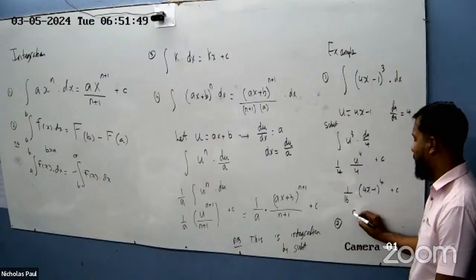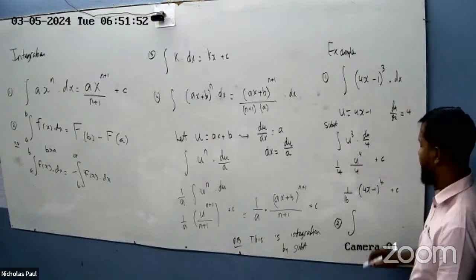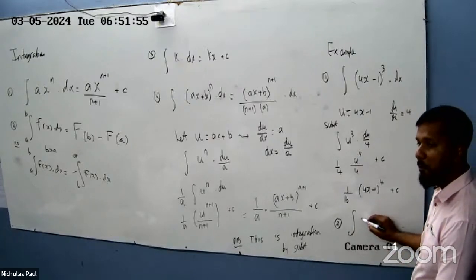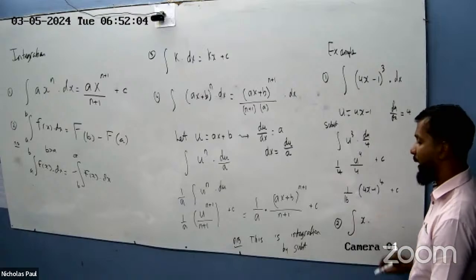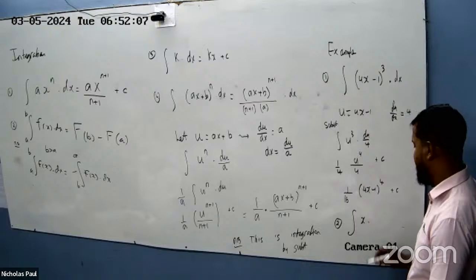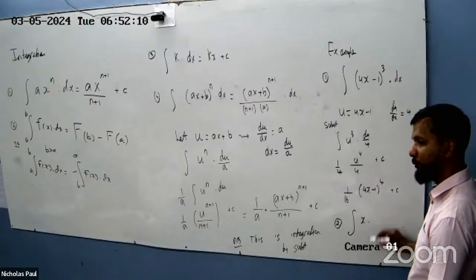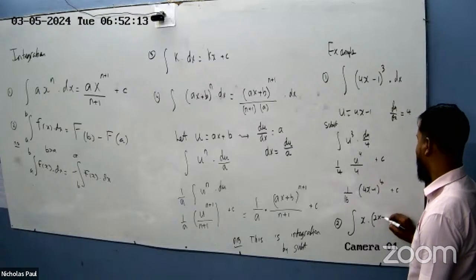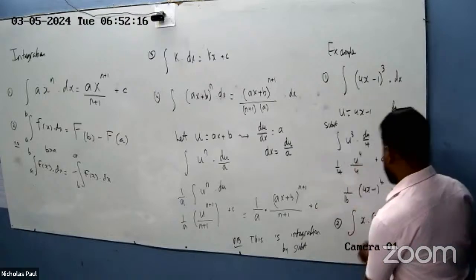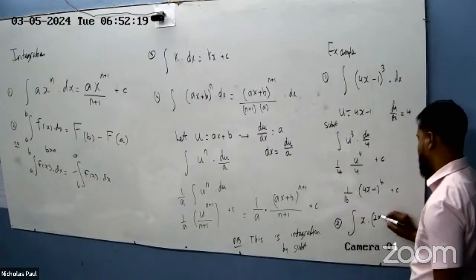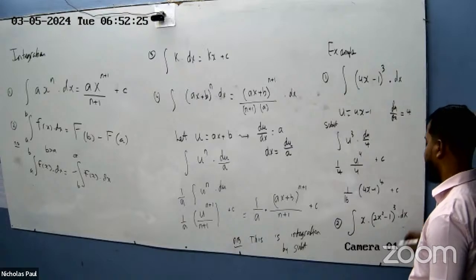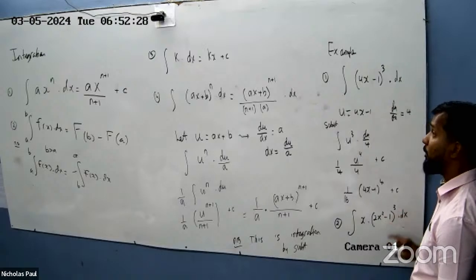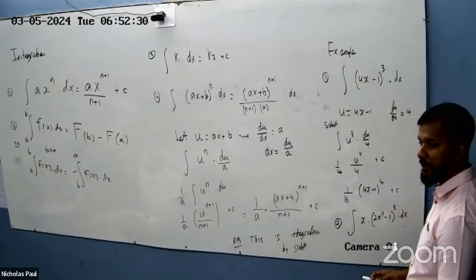Find the integral of x by the square root of 2x squared minus 1, all to the power 3. Same thing here, integration by substitution.